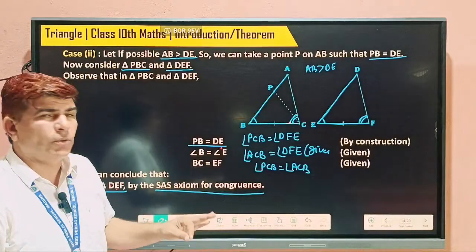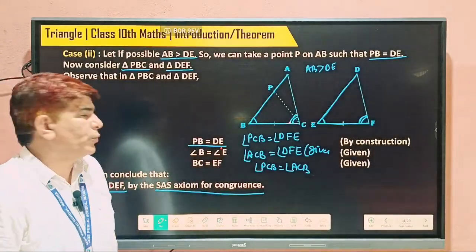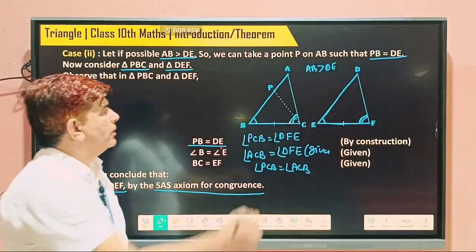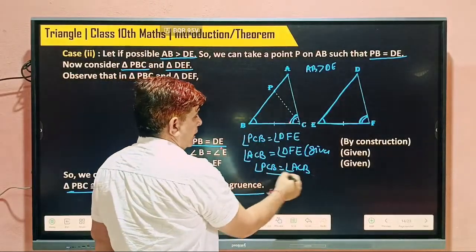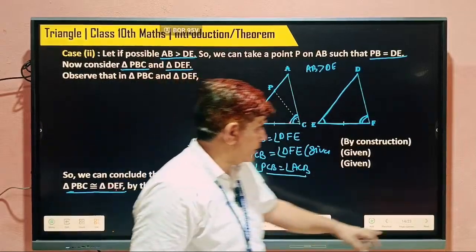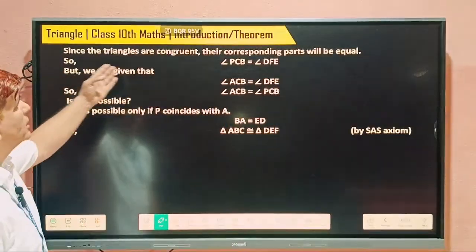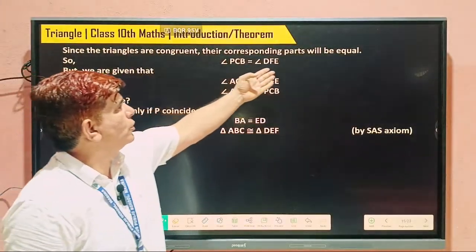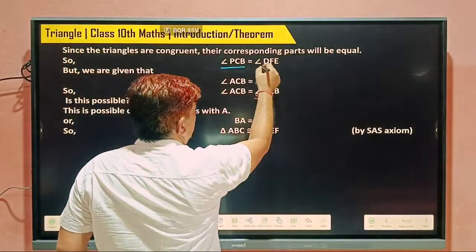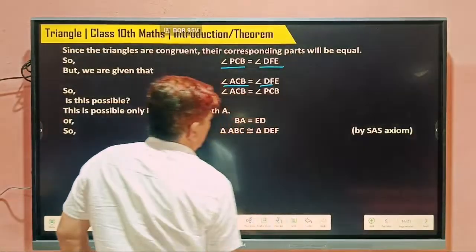This is possible only when P and A are the same point, or we can say coincident points. So here if these angles are equal, then these points are also equal. Since the triangles are congruent, their corresponding parts will be equal. Angle PCB is equal to this, but this is equal to this, given already.